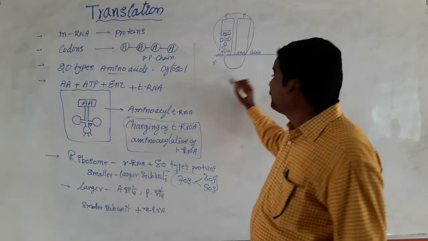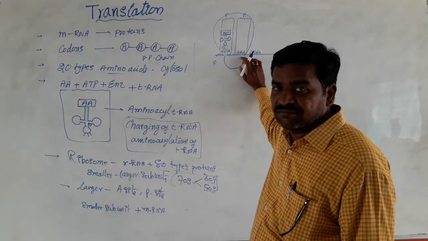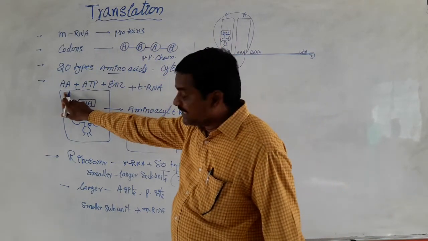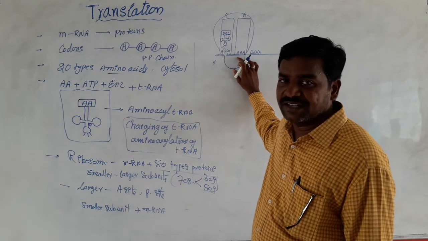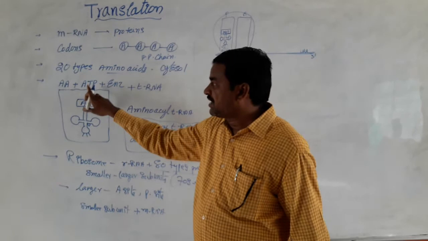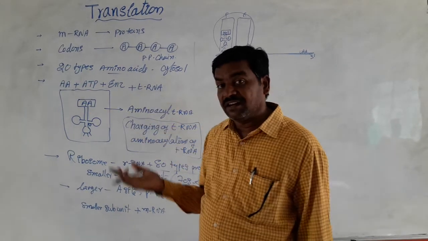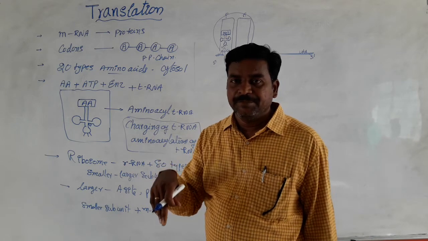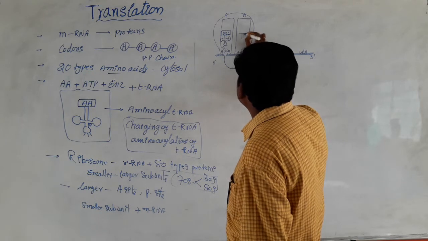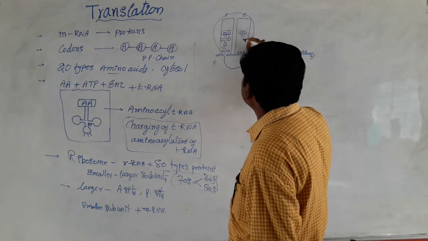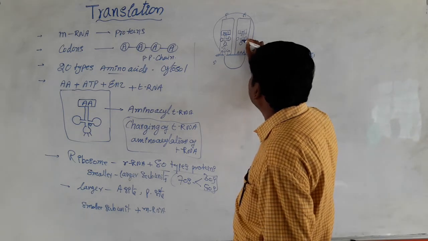At the same time, another tRNA, which is responsible for the second codon, also recognizes the second amino acid. For example, it recognizes the amino acid lysine. Lysine is also activated by using one ATP molecule and then attached with the relevant tRNA. Now this tRNA transfers the second amino acid, lysine, into the larger subunit.